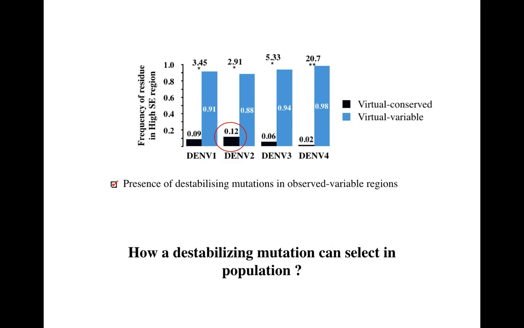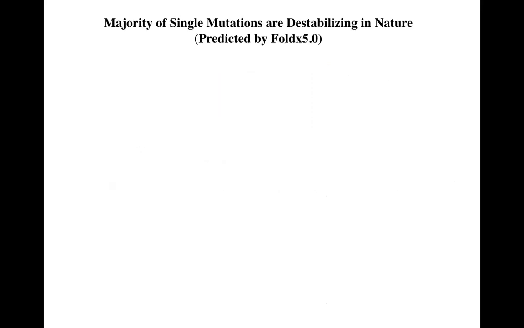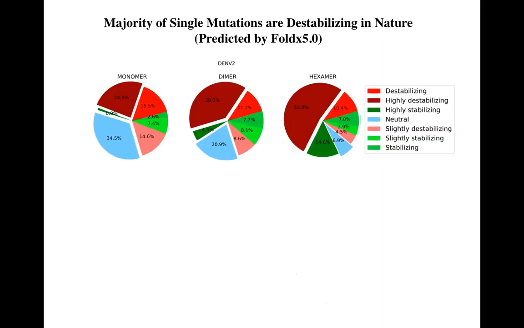So this led us to ask whether there are other factors playing a role in shaping this conservation of the NS1 protein, other than the increase in virtually conserved positions. For this, we isolated each mutation and checked its effect on NS1 structures. We see that the majority of single mutations are destabilizing in nature, as you can see from monomer, dimer to hexamer. Now, this suggested that NS1 does not like to mutate much.